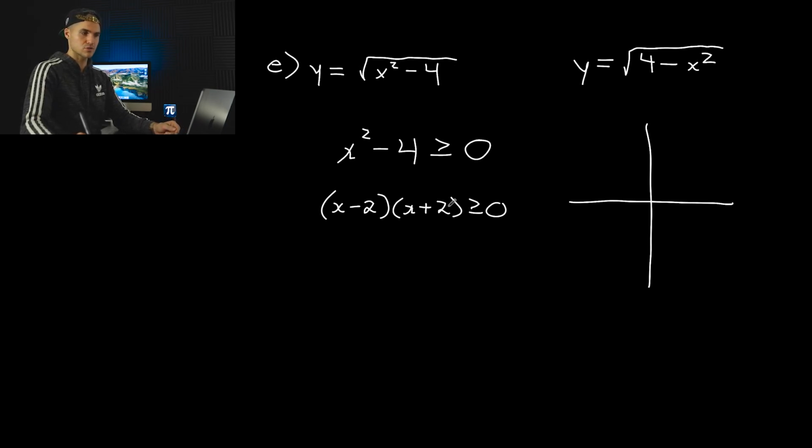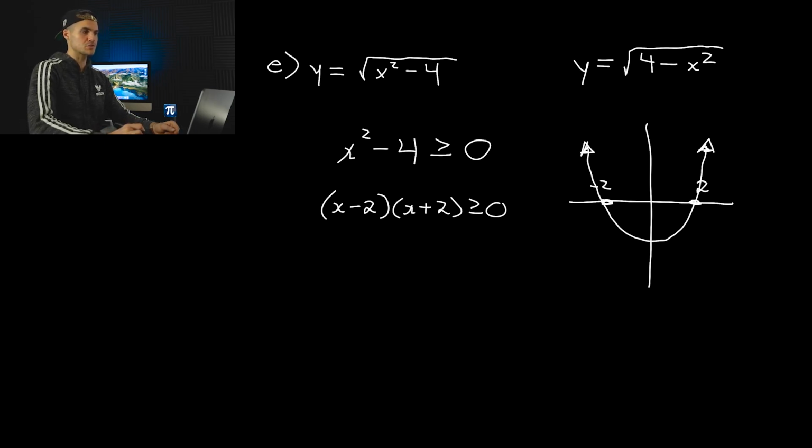And so the two intercepts are -2 and +2, meaning that the axis of symmetry is going to be 0. Not that that is important. All that's important is where the intercepts are, and then when the quadratic is going to be greater than or equal to 0.